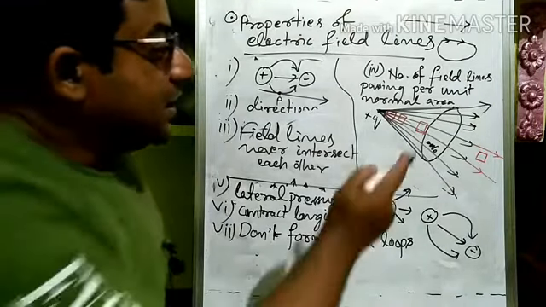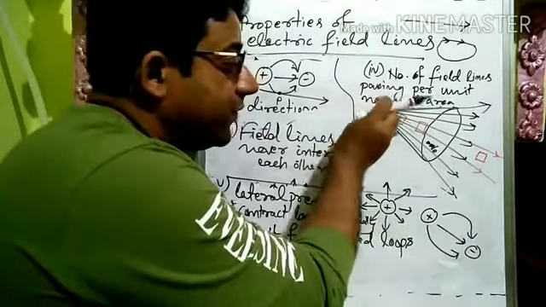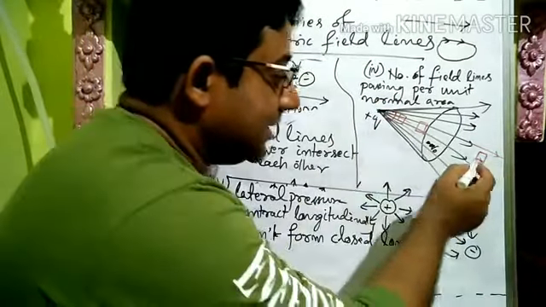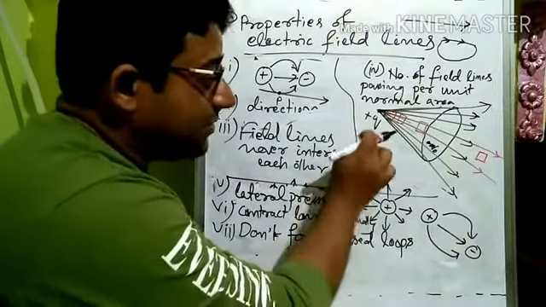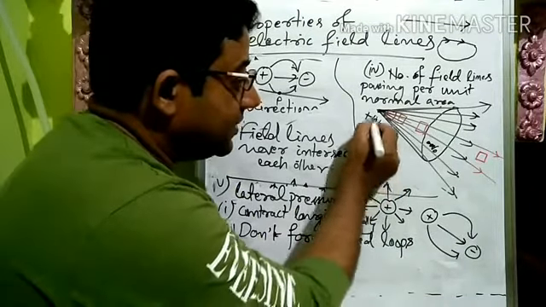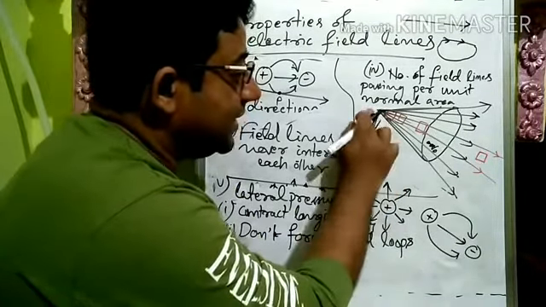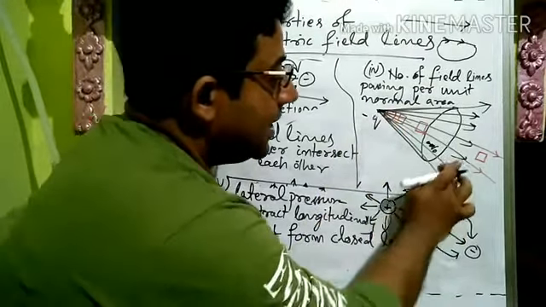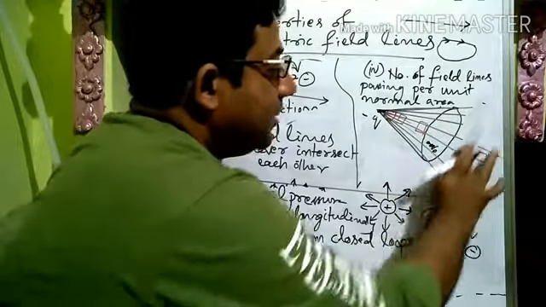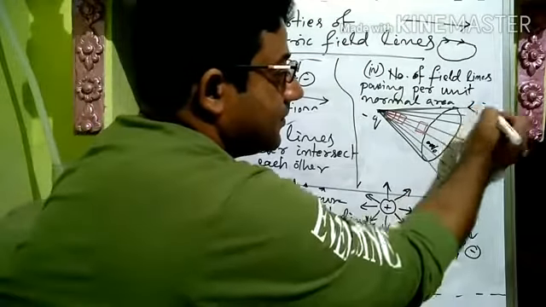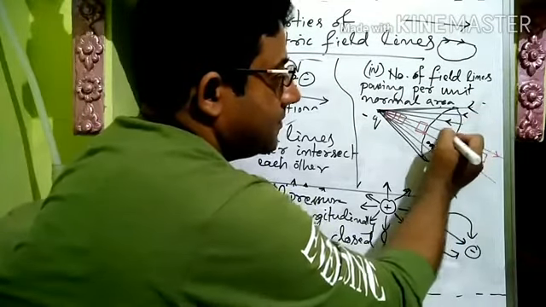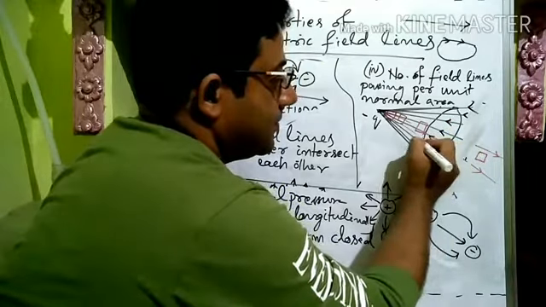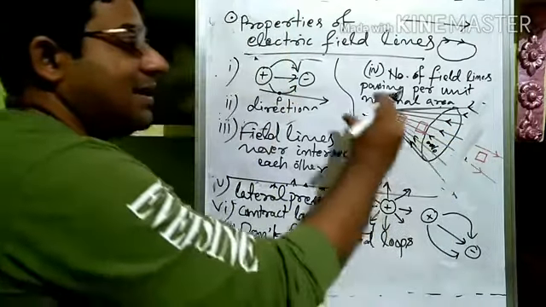Now see, from where electric field lines are starting, if I show a minus q instead of plus q in the same diagram, what will happen? The field lines all will be inward, right? It will be ending like this.